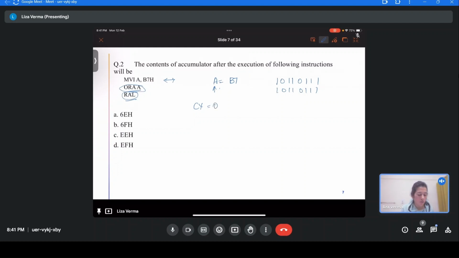And RAL will do what? Shift all the bits with the carry, right? Madam, sorry to interrupt. ORing operation will never set carry, right? Carry will never be set. Yeah, that's what I said, that no such operation was done that had to modify the carry.